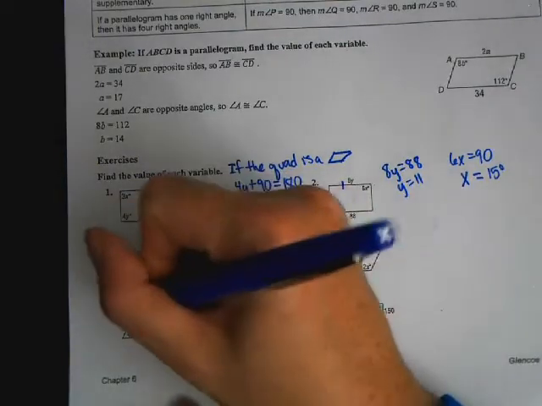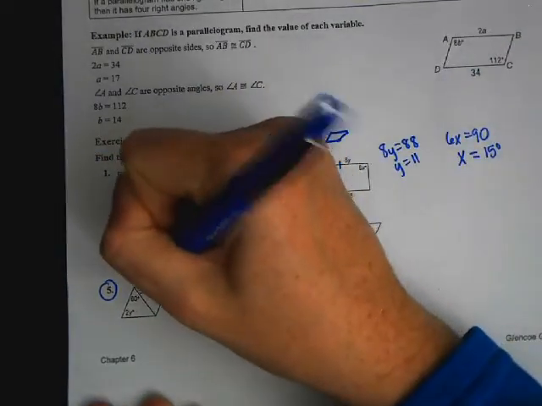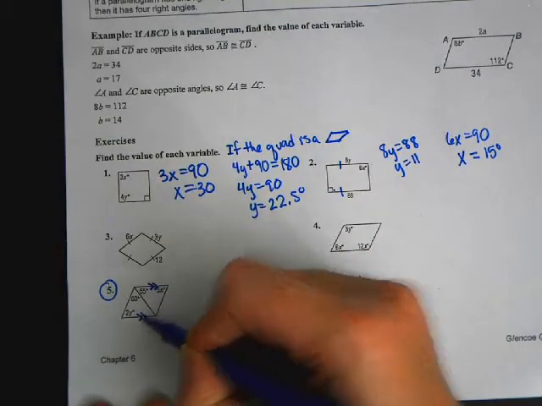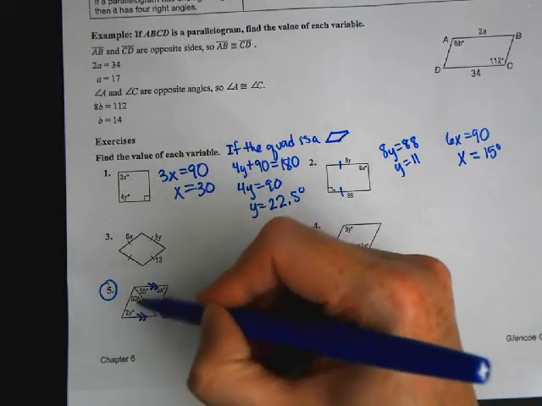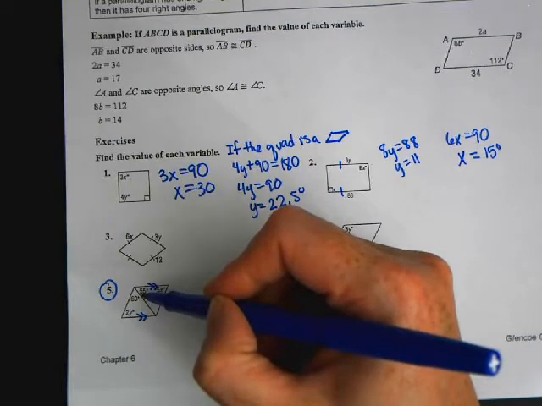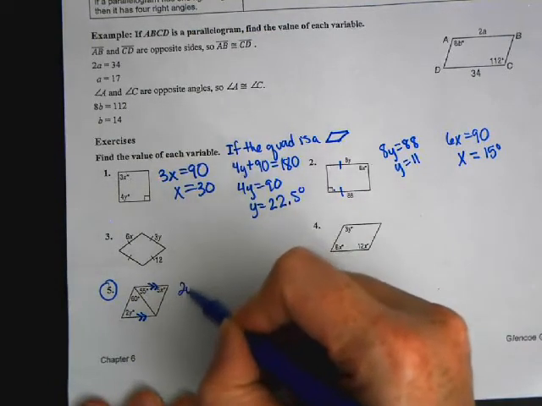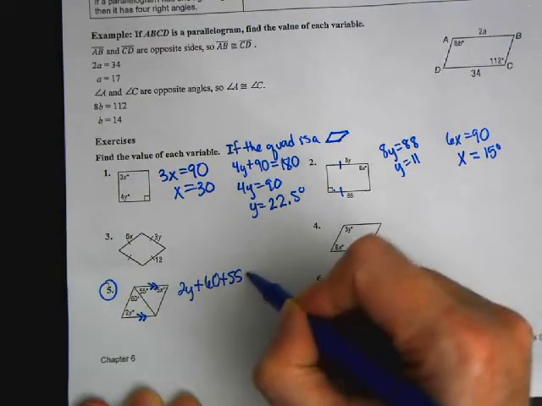All right, number 5, you can do a couple things here. Remember these are parallel. So if you take out this diagonal here, you've got 2y and 115 to be 180, or 2y plus 60 plus 55 equals 180.